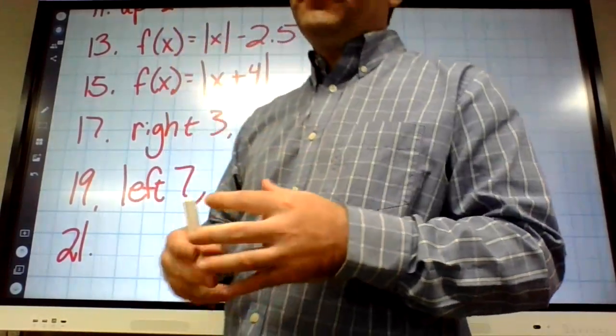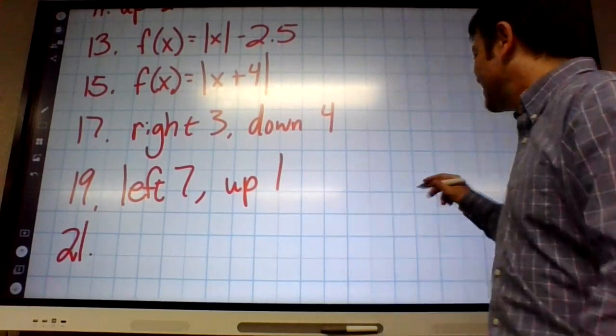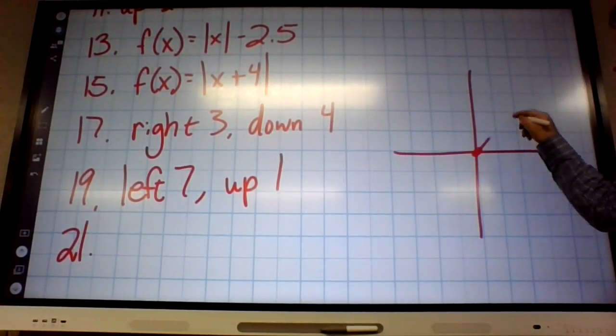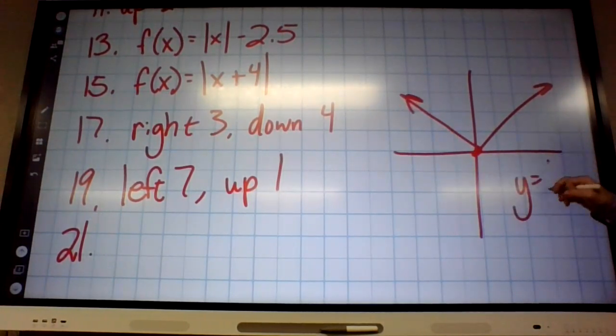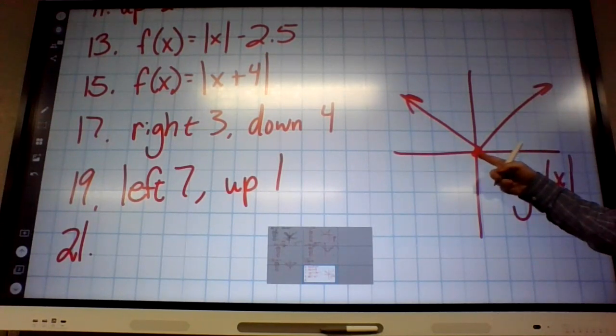Okay, this is a little bit different. It says state the coordinates of the vertex of each function. The vertex is that bottom point of the V. Okay, so on a normal y equals absolute value of x, the vertex is at 0, 0.